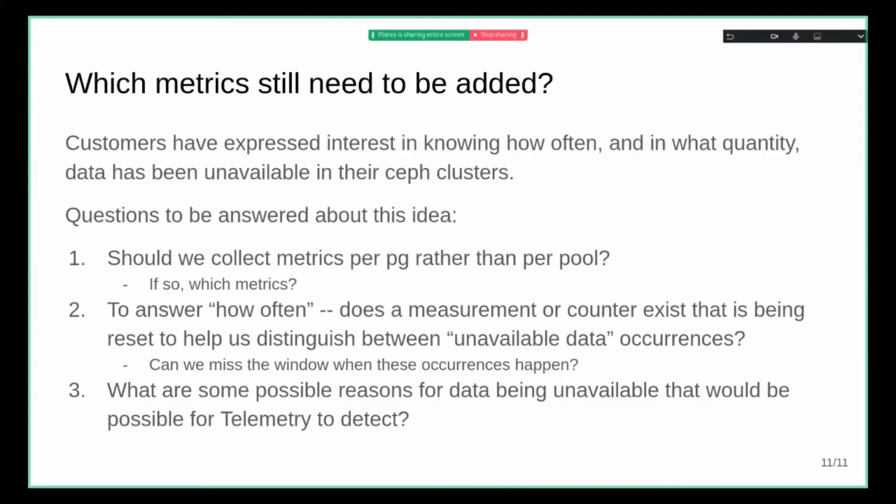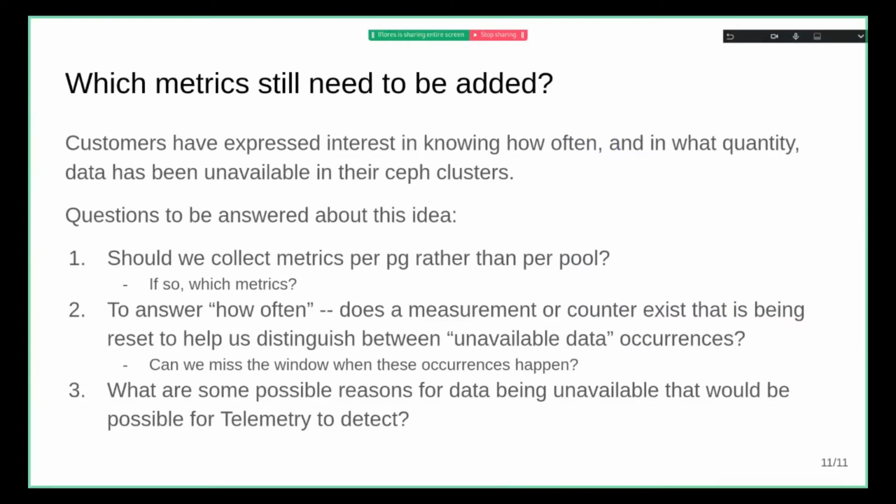Okay, cool. I guess we've figured out which metrics we can collect for this problem, and the last thing that I can see still needing some answers is the third point on there.